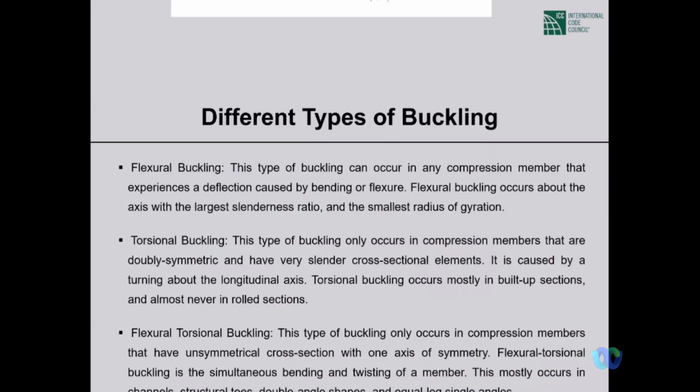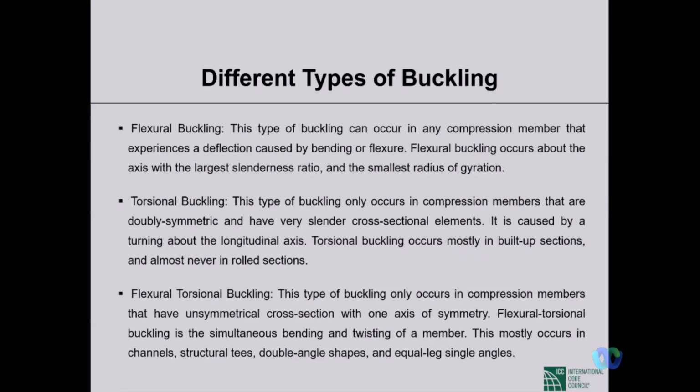Now, as I was mentioning, buckling may be induced not only by compression but also by flexure, because for flexure there will be compressive stresses, and the compressive stresses may induce buckling. For torsion, you may be surprised, torsion causes shear, right?